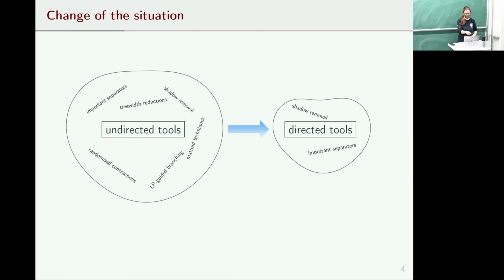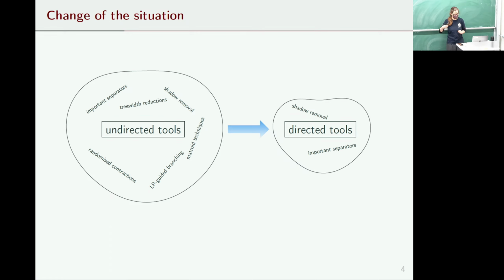I listed a few here, but it's by far not a complete list of tools for these cut problems in undirected graphs. But then people tried to transfer this to directed graphs. They noticed, okay, so shadow removal kind of works. I will explain what that is. Important separators kind of works. I will not explain what that is. But that's it, kind of. Nothing of the other things transferred to directed graphs.